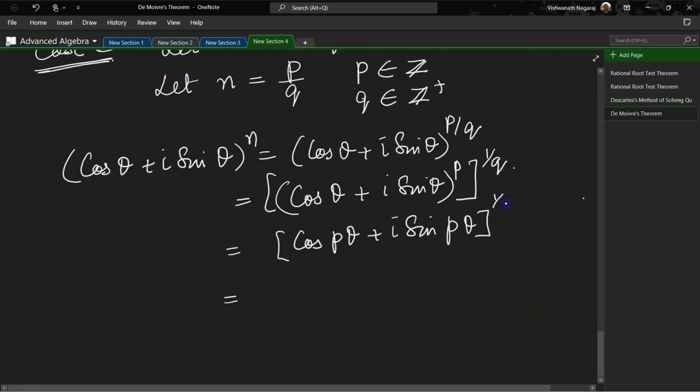So 1 by q will become cos (p by q) theta plus i sin (p by q) theta.